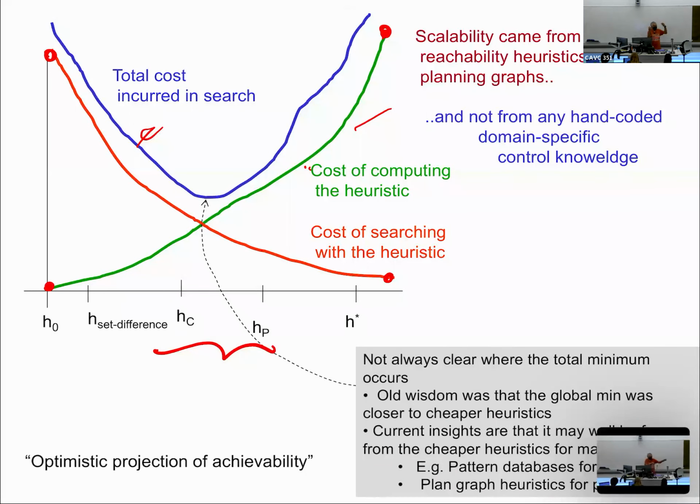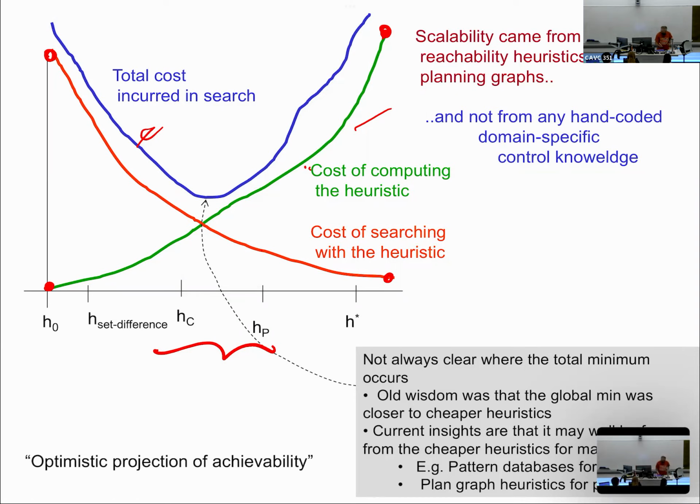That will be minimized somewhere in the middle. And that's the right level of abstraction that you should be thinking of, to minimize the total amount of cost on a particular distribution of problem instances. That's basically the theory of heuristics.